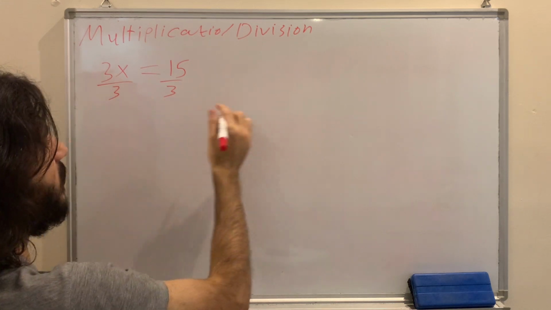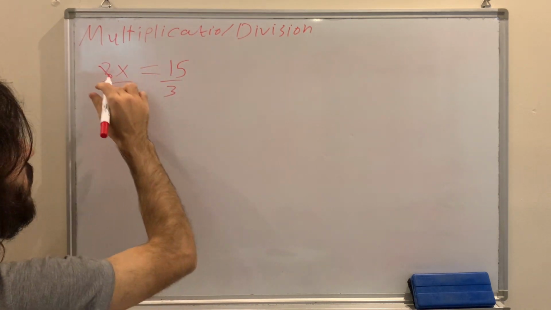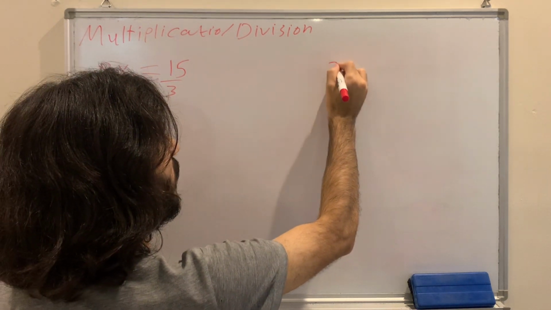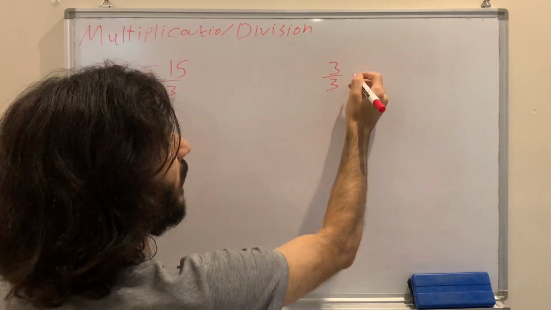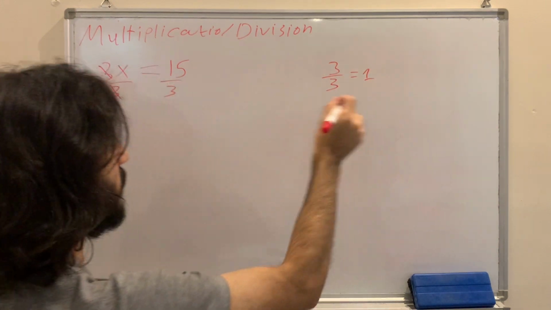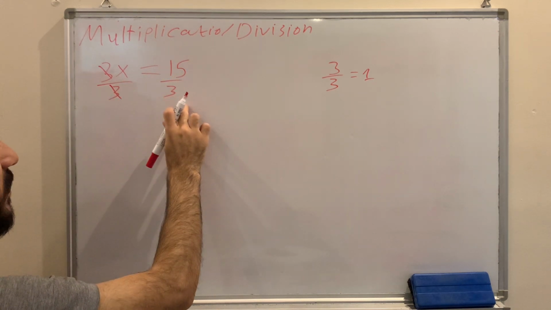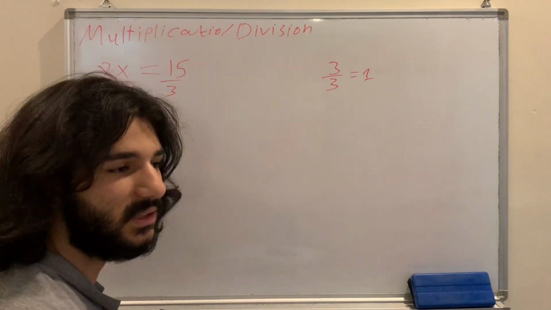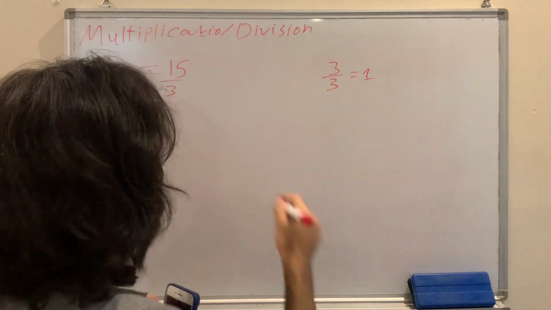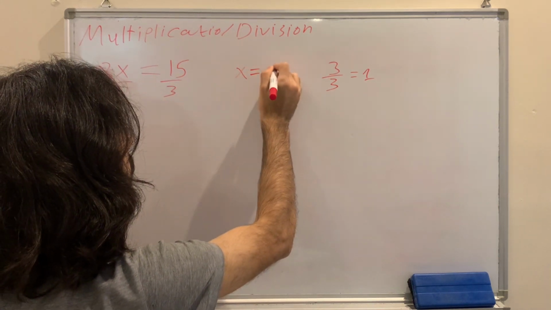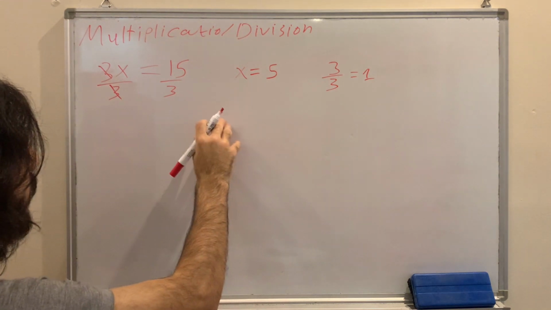And this works because the 3's are going to cancel out. It's the same as doing 3 divided by 3, and that gives us 1. So that's going to leave you with x equals 15 over 3. 15 divided by 3 is just 5. So x is going to equal 5. And that's for the first one.